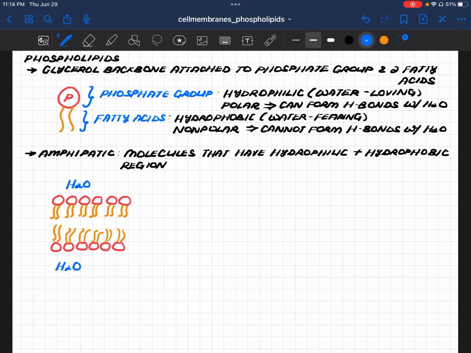Now, the shape of the membrane is determined by the bulkiness of the head group relative to the hydrophobic tails.